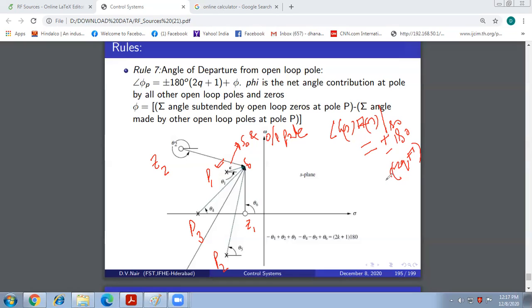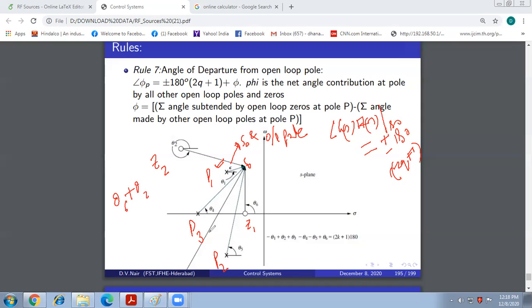This is the condition available from the angle criteria. Now, if we see the angles made at S naught by the open loop poles and zeros, we will get something like this. Let us collect for zeros: the angles made are theta 6 and theta 2.